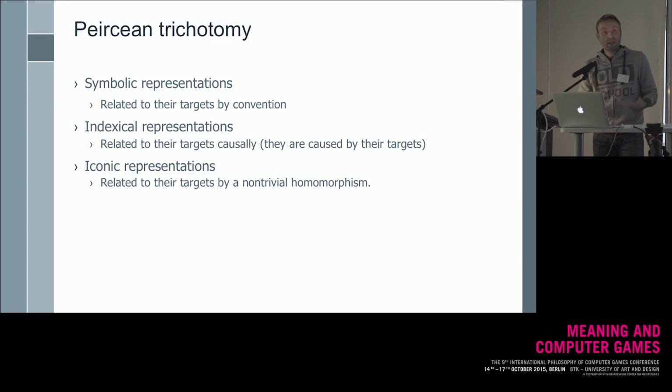A map is related to the terrain it maps because it's structurally similar to the terrain. But it's not similar in the sense that a satellite photo is similar. You need some cognitive skills to understand that this map is a map of a given terrain, for example, that this is a city map of Berlin and not of another city.